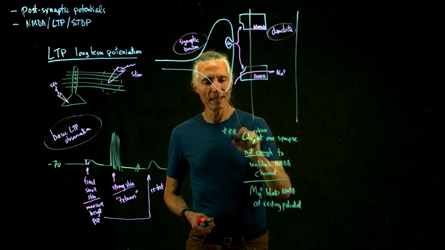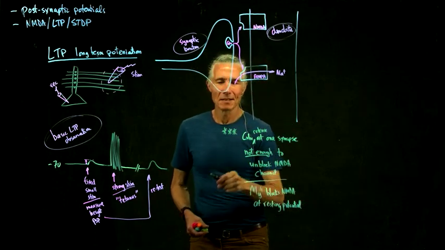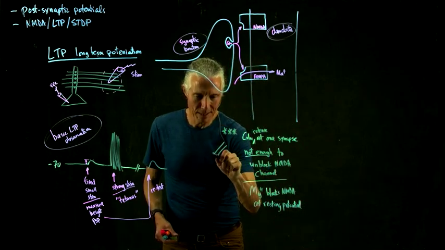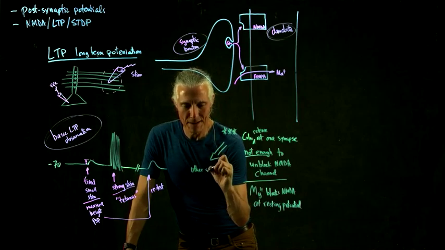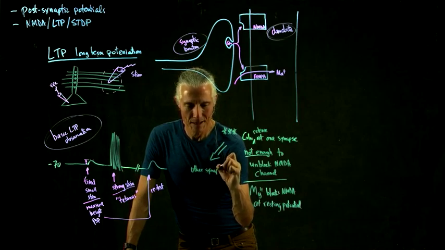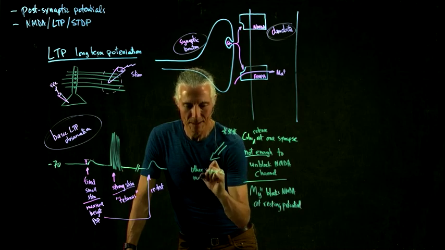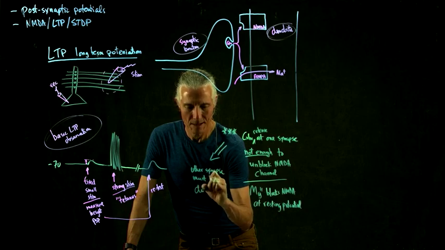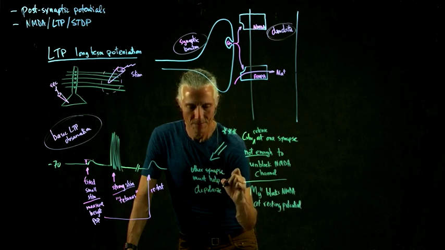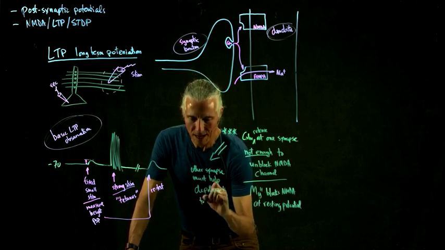So what does that imply? The critical implication is that other synapses must help depolarize to unblock.